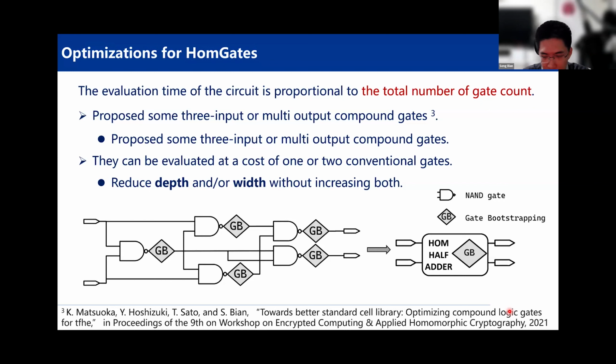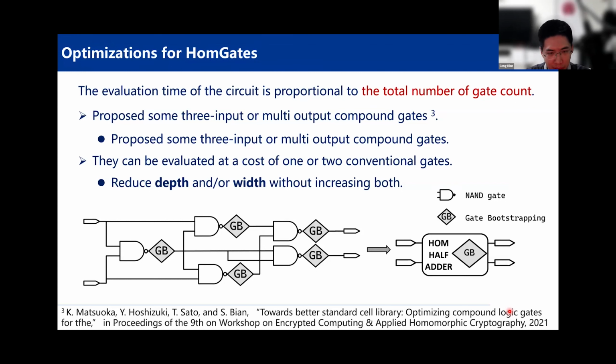First is this WHC work in 2021, where we made our first step in designing multi-input gates, and then after that, programmable bootstrapping came up, and we started to understand what we were exploring.